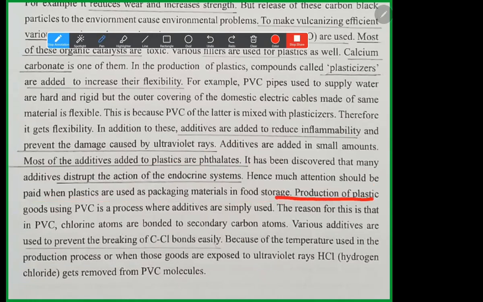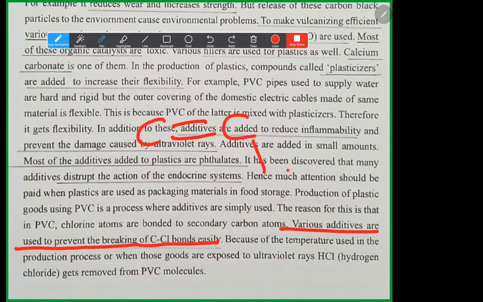Production of plastic goods using PVC is a process where additives are simply used. The reason for this is that in PVC, chlorine atoms are bonded to secondary carbon atoms. Vinyl chloride is unstable. Various additives are used to prevent the breaking of the C-Cl bonds, because this is vinyl that we did in organic chemistry, if you remember.